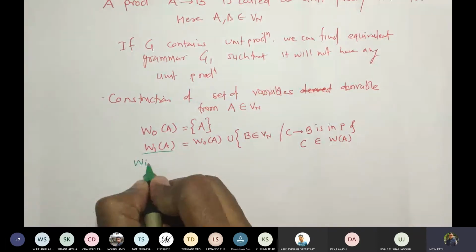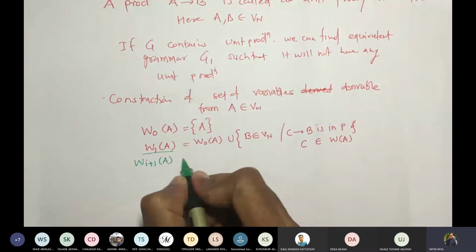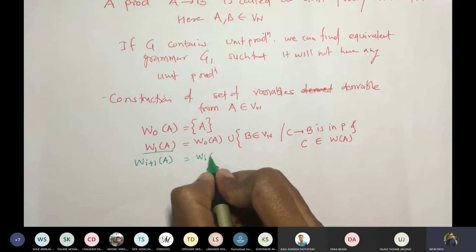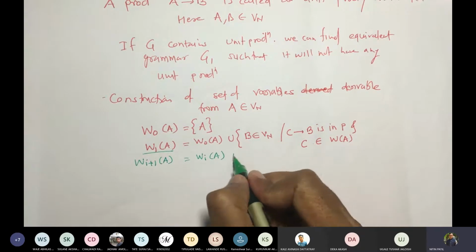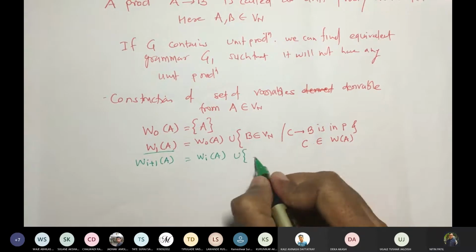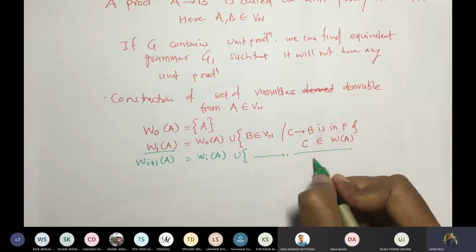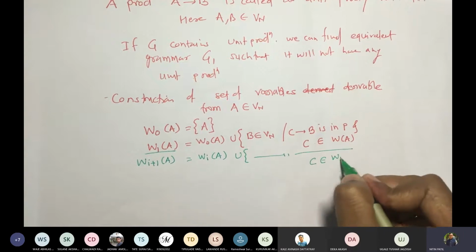I will say Wi plus 1 of A equals Wi of A union the same thing, where C belongs to the previous W.